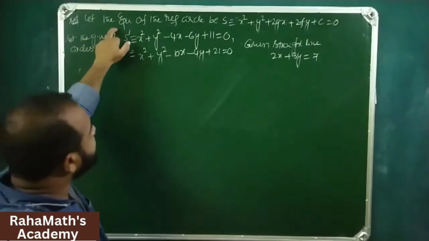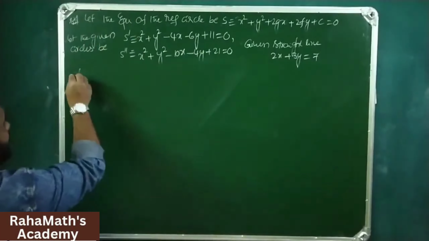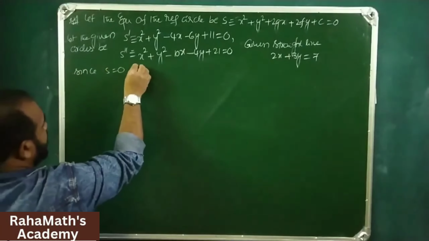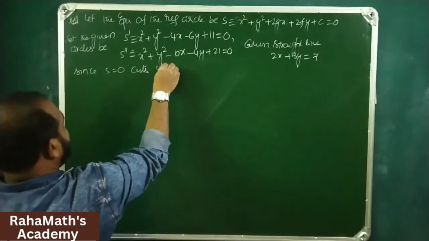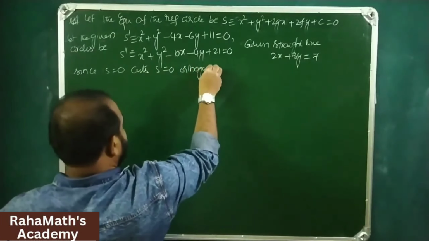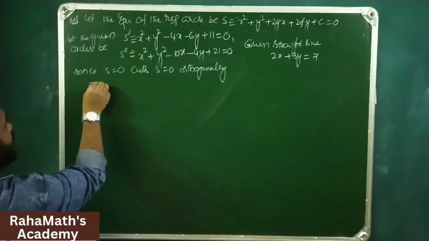So, since the required circle cuts these two circles orthogonally, since S equals to 0 cuts S' equals to 0 orthogonally, let us use the condition of orthogonality.